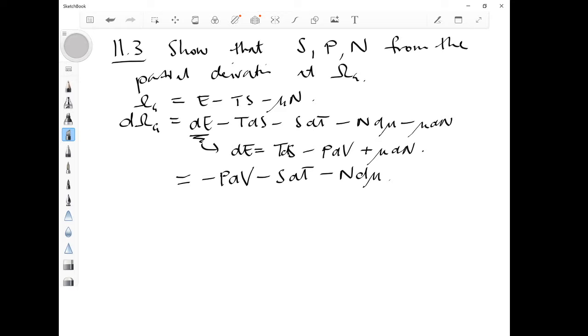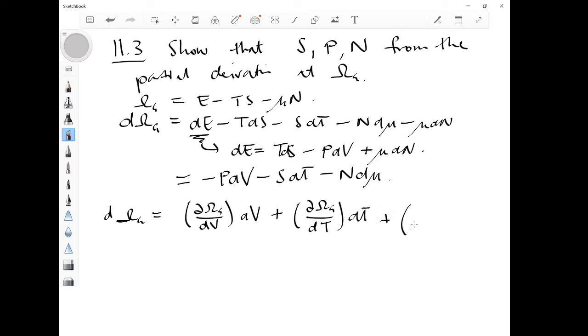And so we know, because of the first order homogeneous nature of the system, that d omega g is going to be equal to partial omega g partial v dv plus partial omega g partial t dt plus partial omega g partial mu d mu.